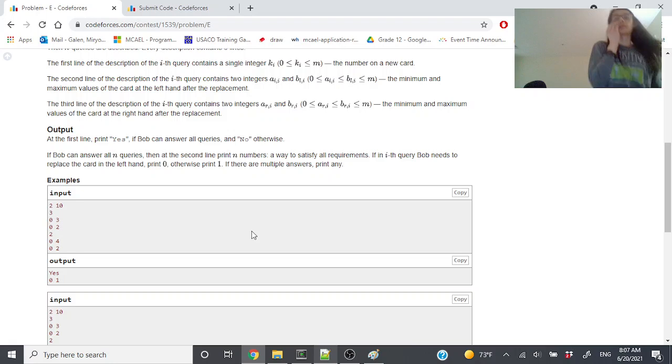I guess once system tests are over, which they probably never will be, I'll just submit this and then see. Oh my god. Do this entire thing in that one single bug. Right has to be min. Left has to be max. So, oh, that's not the only bug.